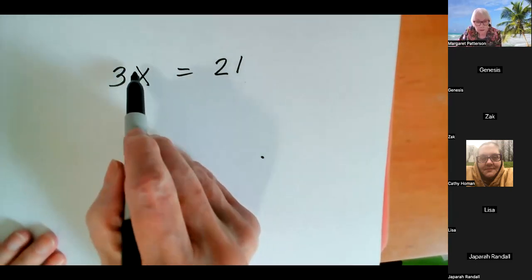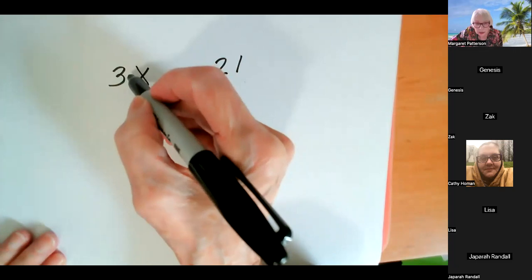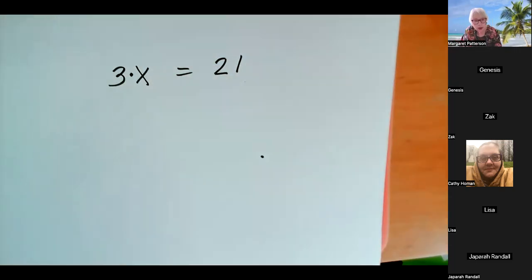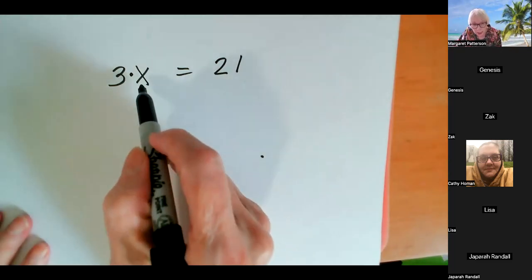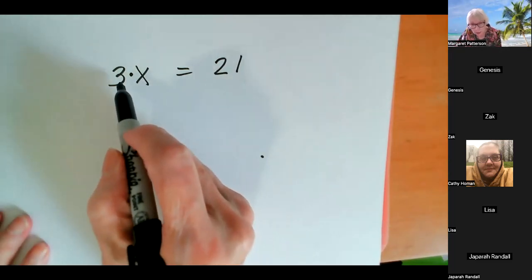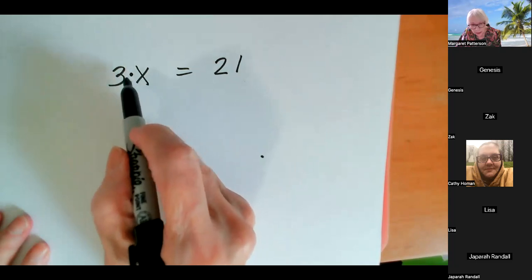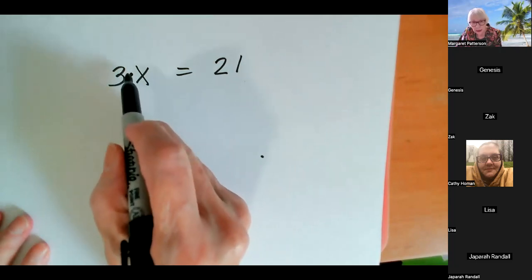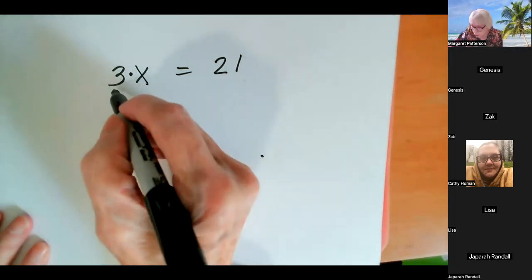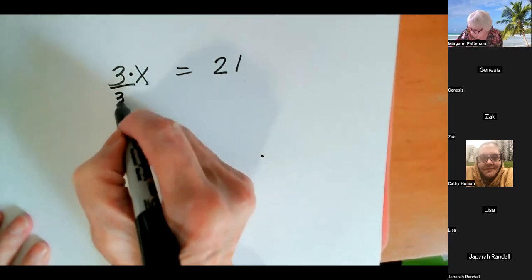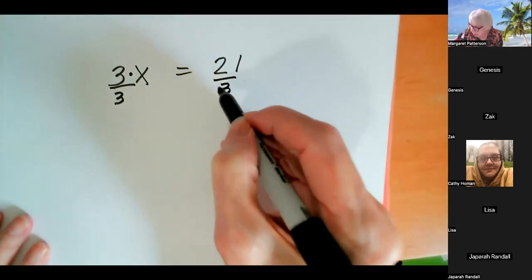If you have this, I don't see anything there, so I'm going to put a little dot to remind me it's multiply. I want X alone. I want the 3 gone. I'm going to get rid of it. 3 is multiplied to X, so I'm going to divide by 3, divide by 3.